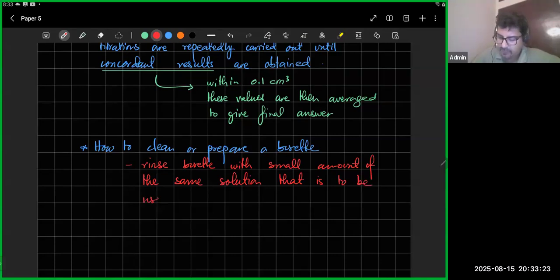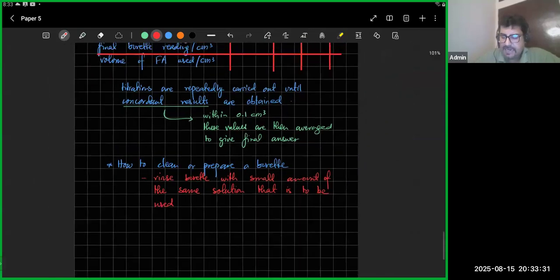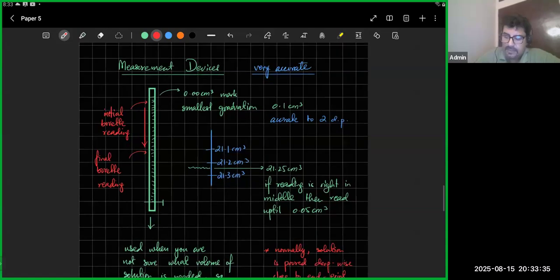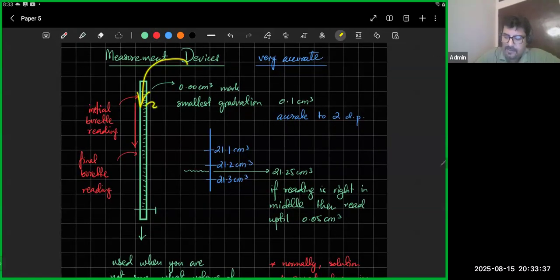What that means is if you're using it for HCl, you're going to rinse it with the same HCl. Because the problem is that anything that enters, even water, you don't want water to enter into it. If water enters, there's going to be some water still sticking to the burette on the sides, and that will dilute whatever solution you're going to add. So you're not going to rinse it with water.